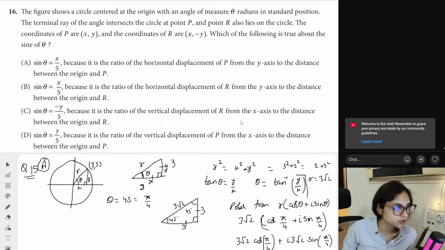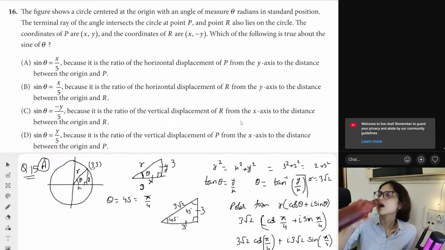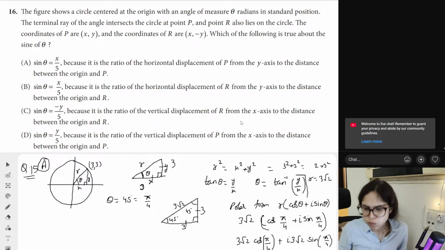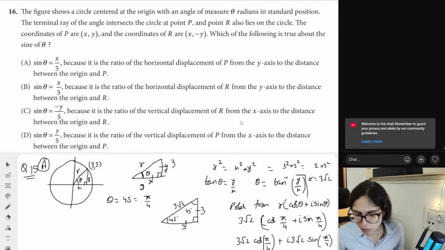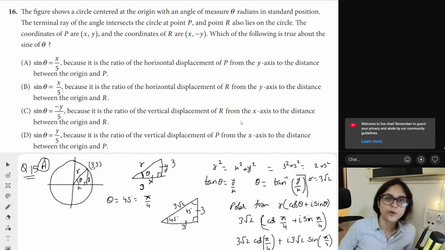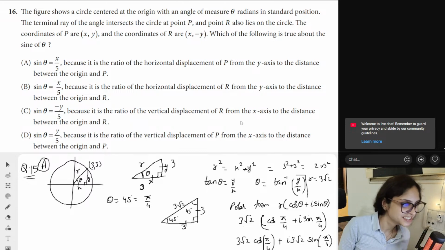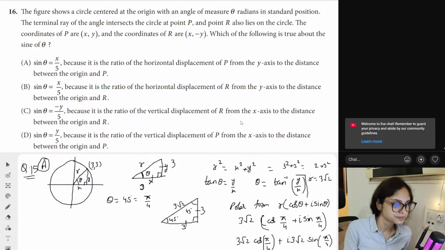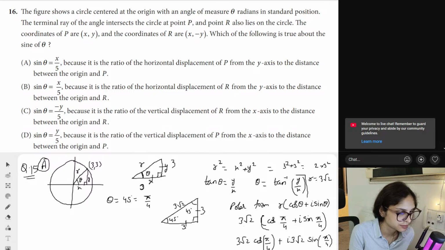Which of the following is true about the sine theta? So sine theta is y upon r. It's the vertical displacement. So option D is your answer. Sine theta is always y over r.